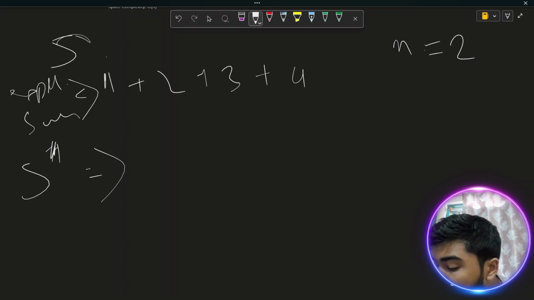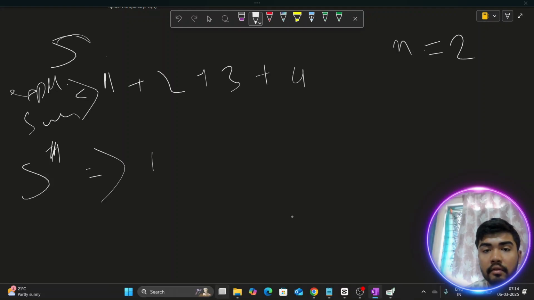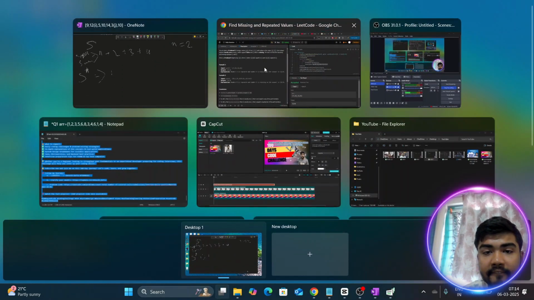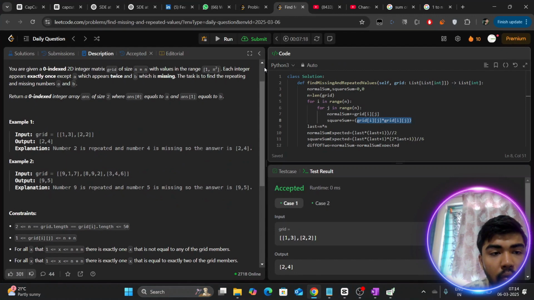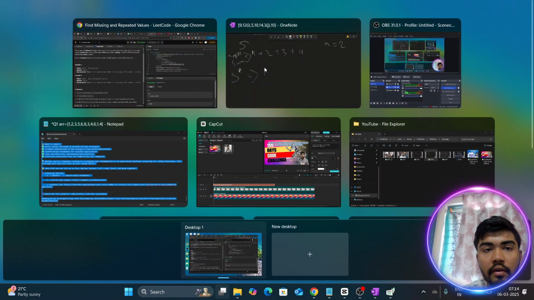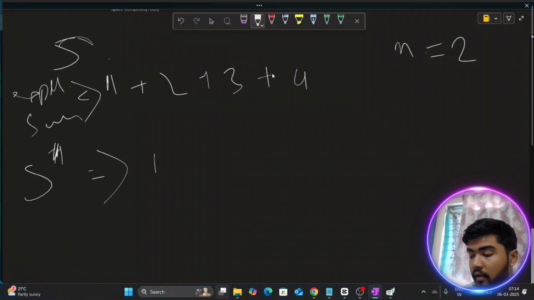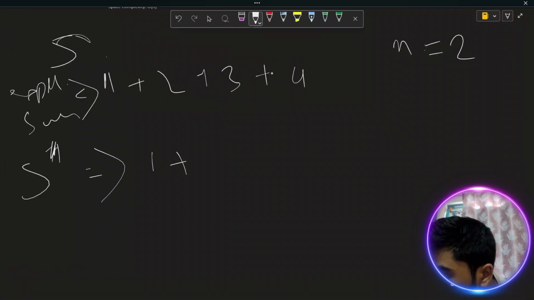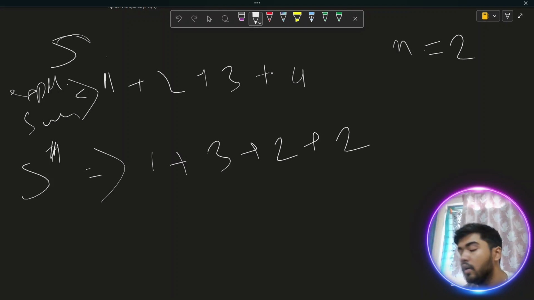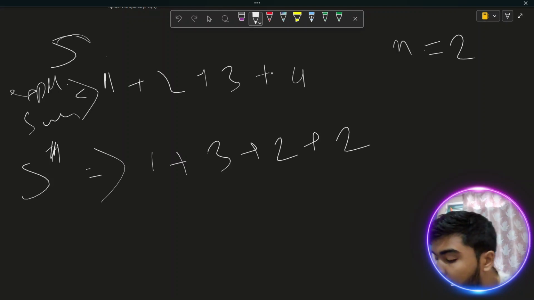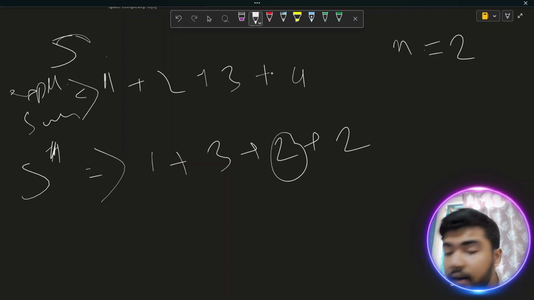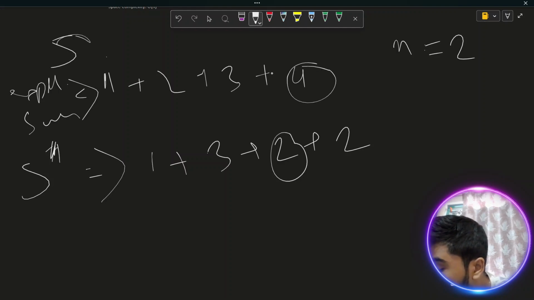On s dash, let's suppose we have 1 3 2 2, so 1 plus 3 plus 2 plus 2. Here you can see 2 is our repeated number and 4 is our missing number.